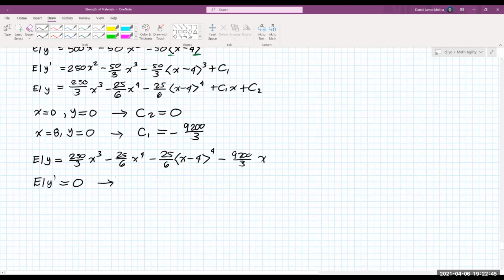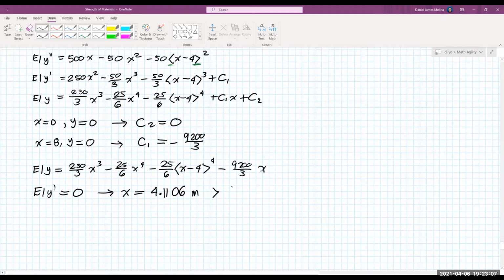I'll just leave this computation to you. The value for x will be approximately 4.1106 meters. So this will be the location of the maximum deflection. Now, let's compare this to 4. Of course, this is obviously greater than 4.